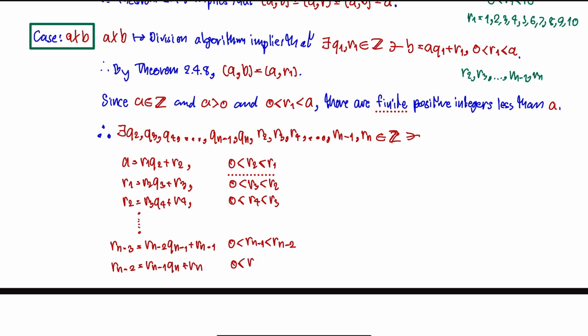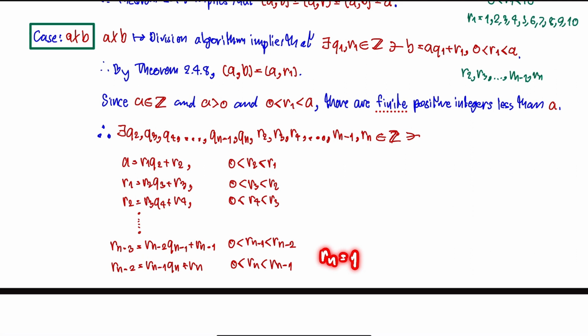And Rn, let's suppose that Rn is the last divisor of Rn minus 2, when it is divided by Rn minus 1. So we have Rn greater than 0, less than Rn minus 1. So since Rn is the last one, let's say Rn is 1. Okay?